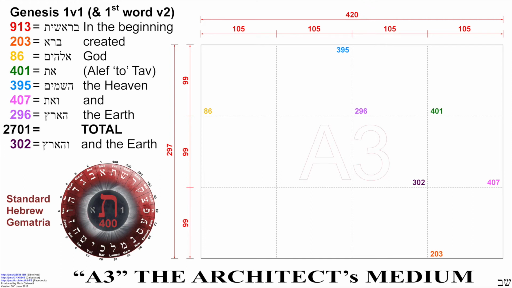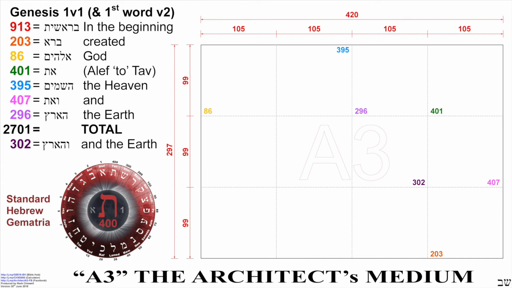If we come back to the number 302 and move downward 1 unit and take away 99, we will land on the number 203, which just happens to be the gematria for the Hebrew word created. The 2 references in the text to the earth are not without significance.